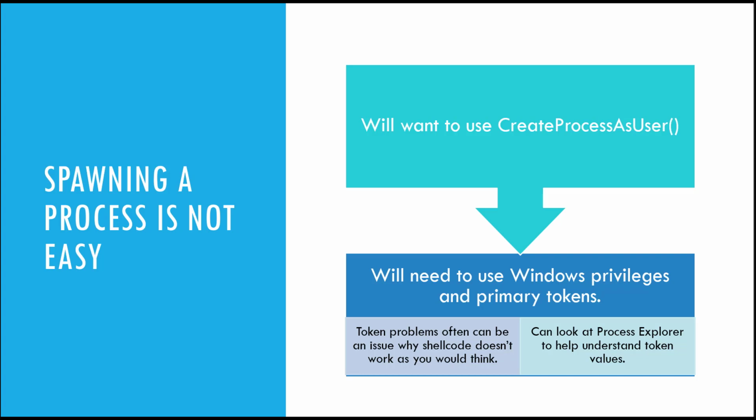It may help you figure out what it is that you may need to use, and when you're actually experimenting and testing your shellcode, you can check to see, okay, what's the token here? Is this the token that I expect or not? So Process Explorer can be useful in that sense.